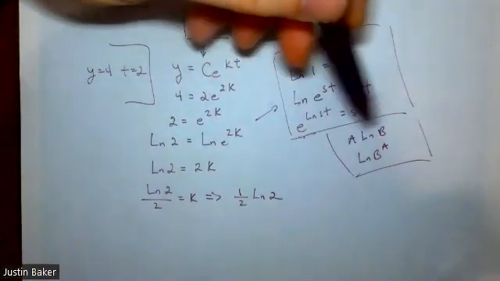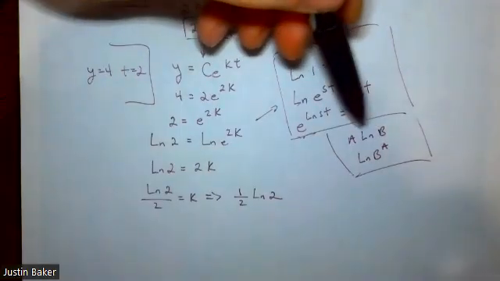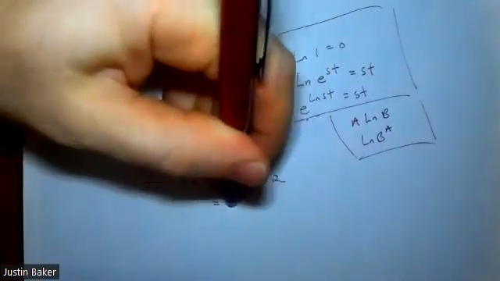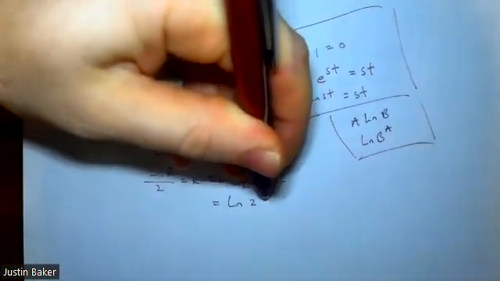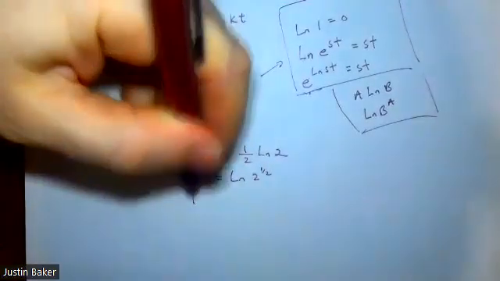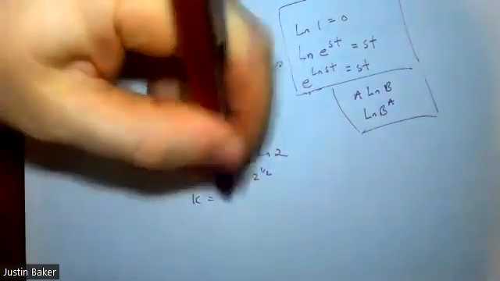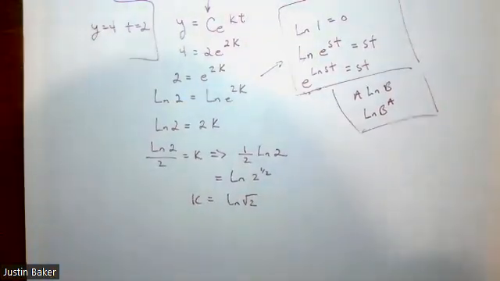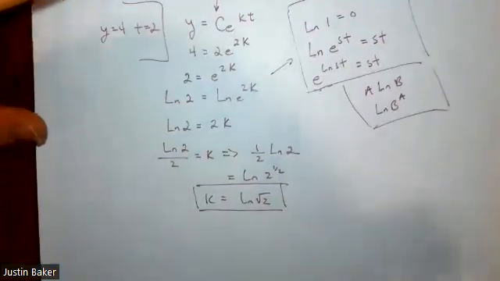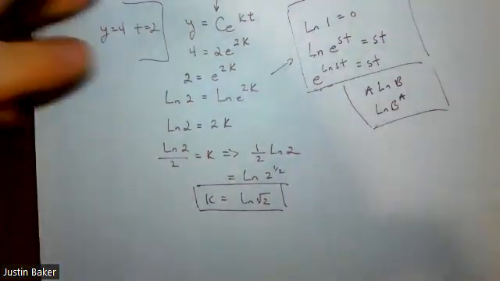A number in front of a logarithm is actually a power. So this is really natural log of 2 to the half, or what we kind of want you to get to here is that k is equal to natural log square root of 2. All right. Any questions up to that point?